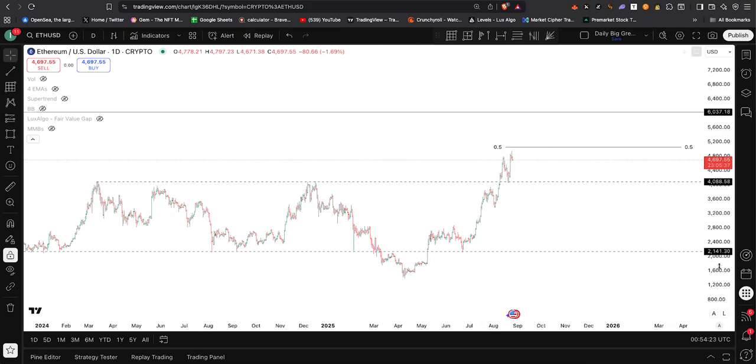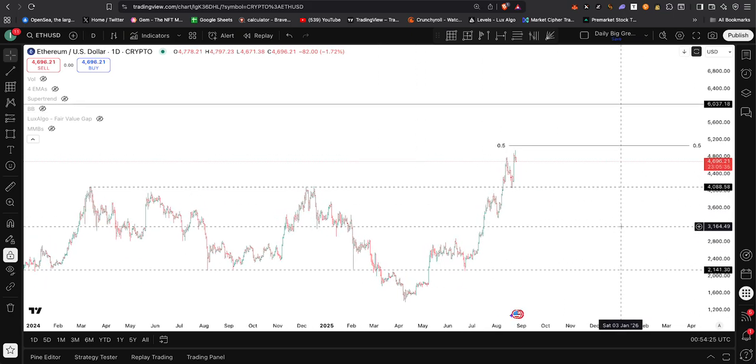And a nice rule, if you want to call it that, something to know or follow, is that when patterns and ranges fail, okay, and then the asset breaks back into it, whatever it is, a pattern or a range, it likes to head to the other side and go for a breakout. Okay, and that's exactly what Ethereum did here. It even back tested that previous range as a bullish retest and made a new high.